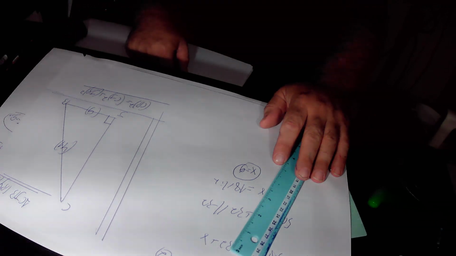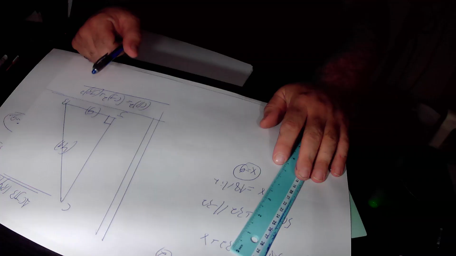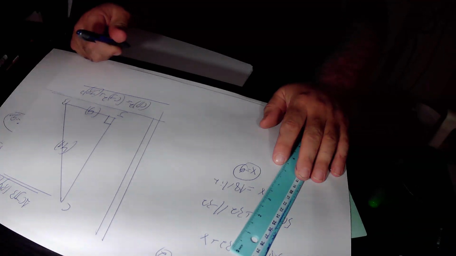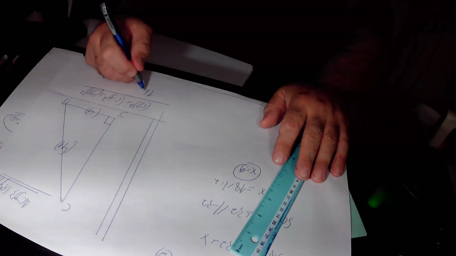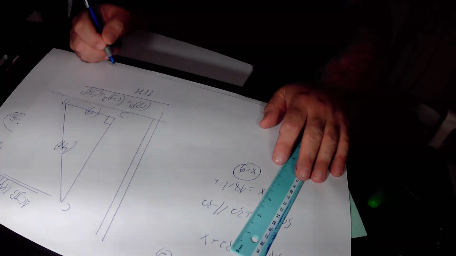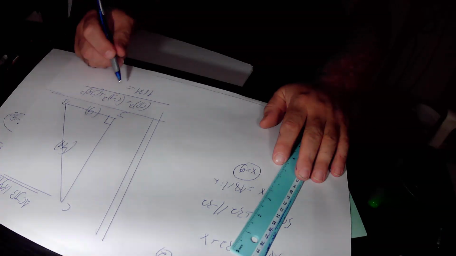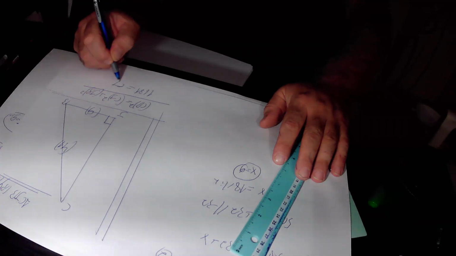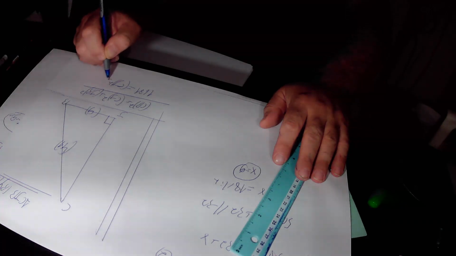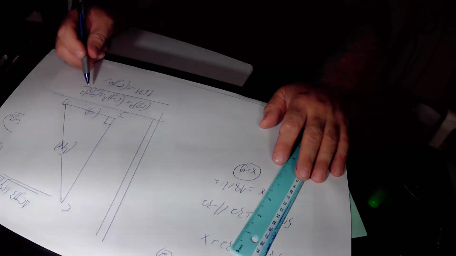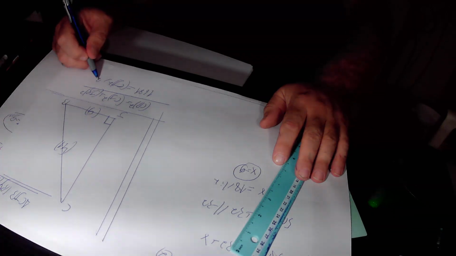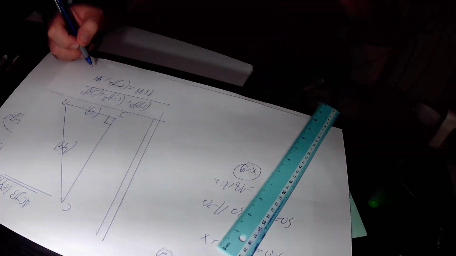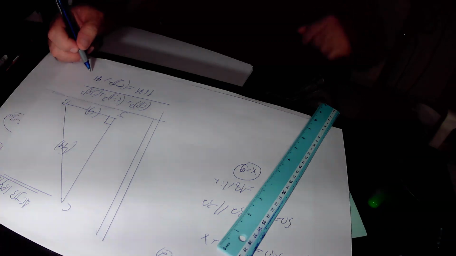CB is 41, therefore CB square is 41 square, which is 1681. And it is equal to CJ square. CJ is the missing side, so it is CJ square plus JB square. JB is 9, therefore JB square is 9 square, that is 81. So in total, we found out that 1681 equals CJ square plus 81.